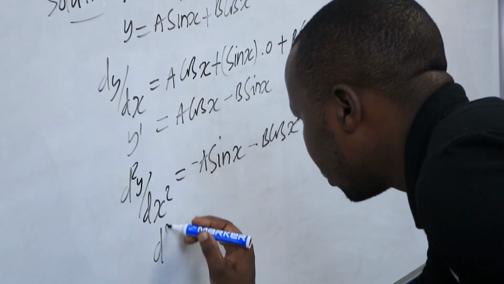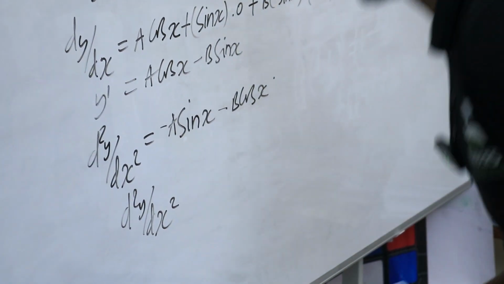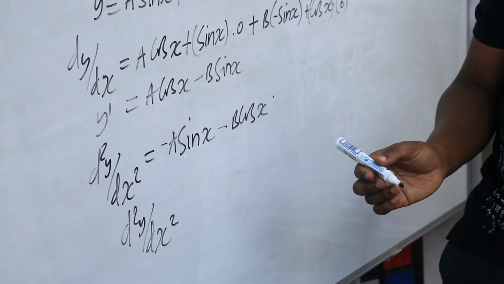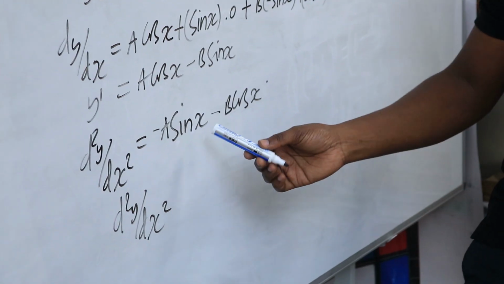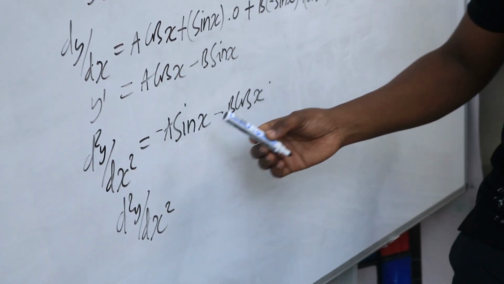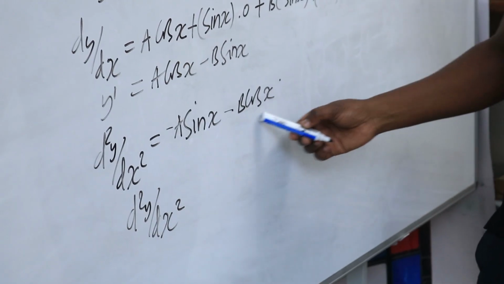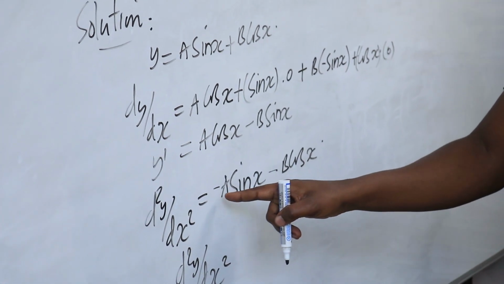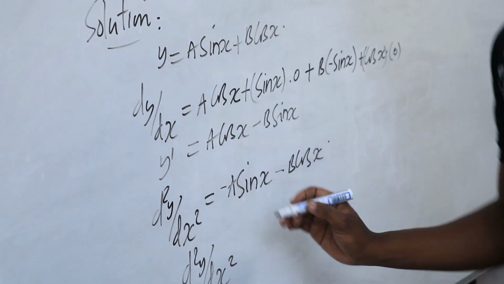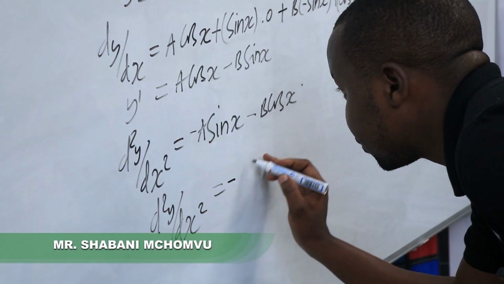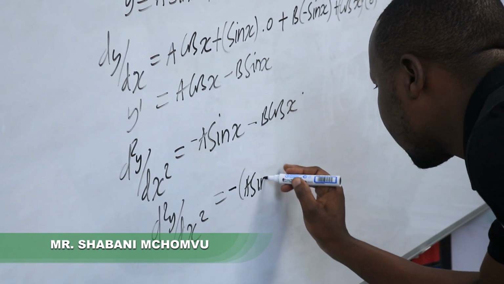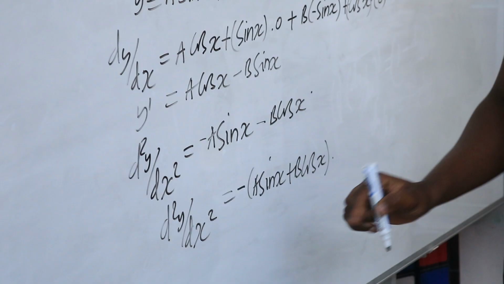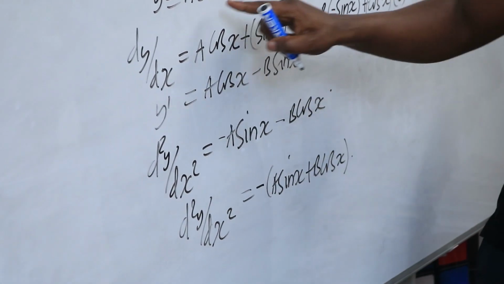So from here, you can check how a and b as constants can be eliminated. We can try to find a way to relate the expression for the second differentiation with the first function. If we take out negative here, we'll have negative, then a sine of x plus b cosine of x. So this a sine of x plus b cosine of x is related with what?